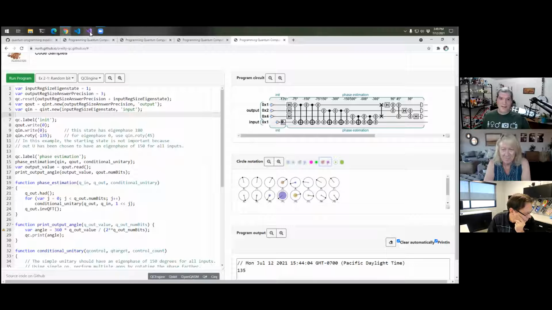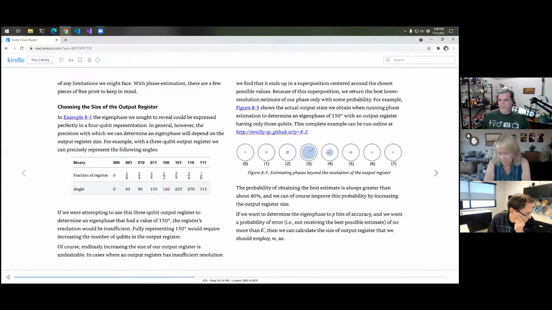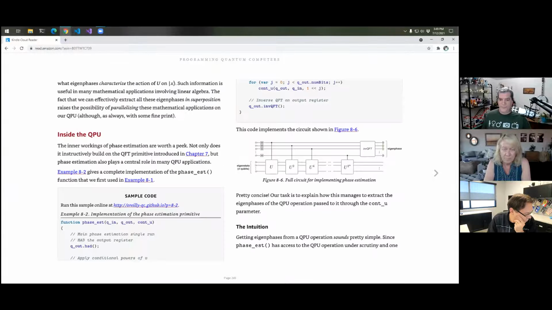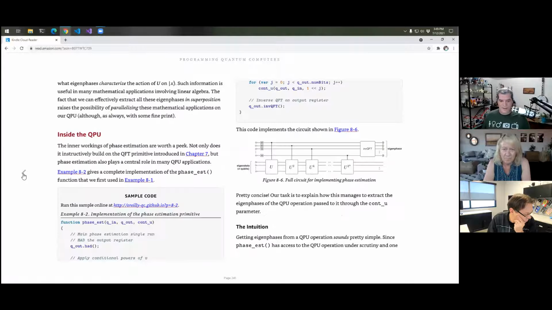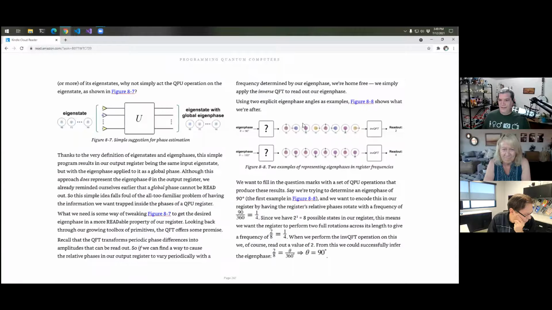Yeah, so these are the experiments that I did. And again, I'm kind of going on faith that this is going to be useful. When it came to how the QPU works, I kind of went with this. I like the intuition. Here's the idea: we have our circles that are rotating, and based on that, our inverse QFT gives us the value out of that.